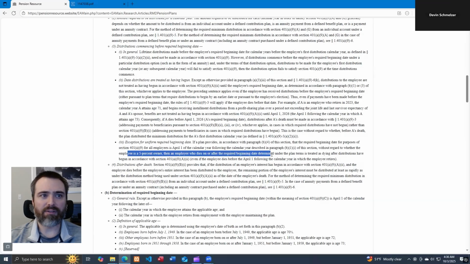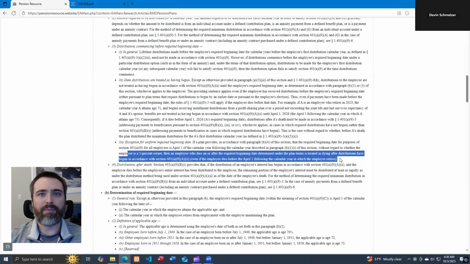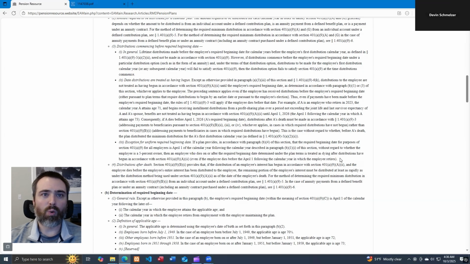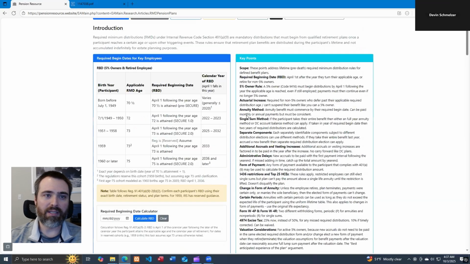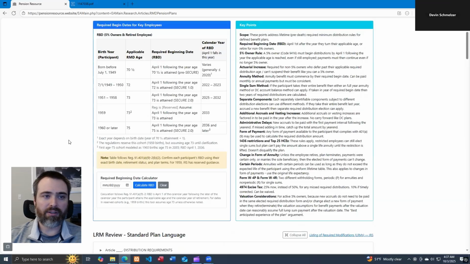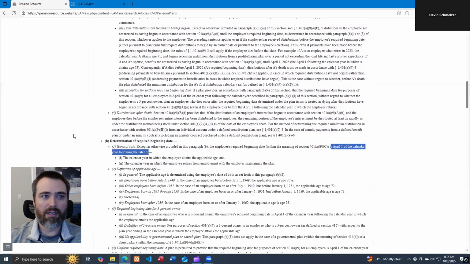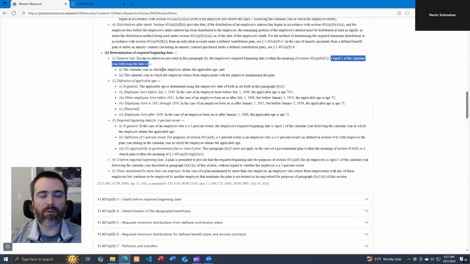A4 is for distributions after death. Here in paragraph B, we can see the IRS is trying to make it best to be clear on the required begin dates. And with that, there's that chart at the very top of the web page, which is what the required applicable ages and the required begin dates are based on. Notice that they have a reserve block in here for those born after January 1st, 1959 and before January 1st, 1960.